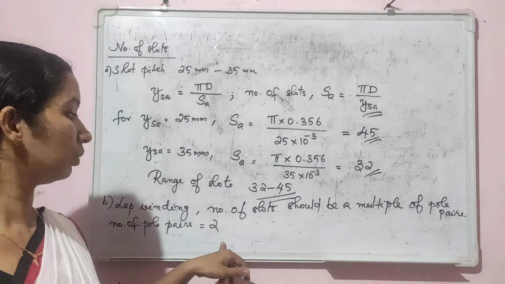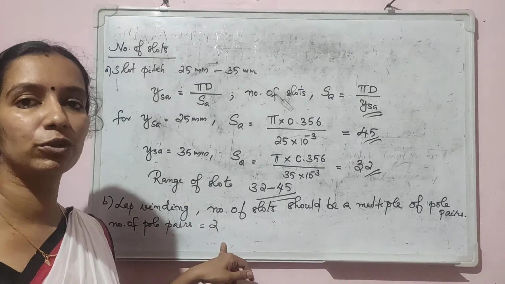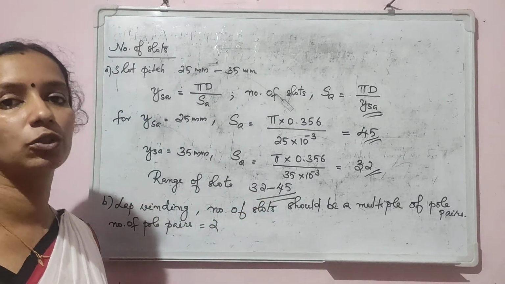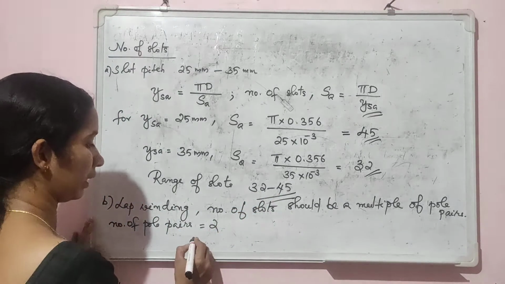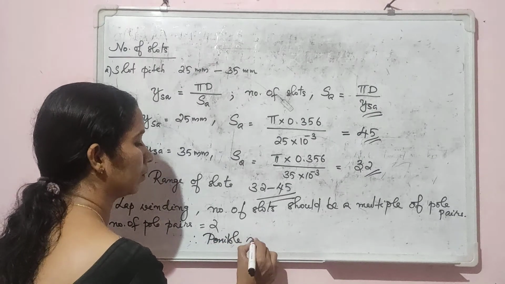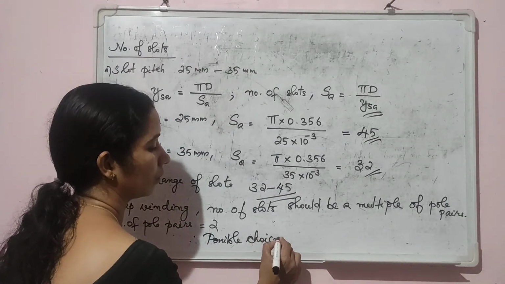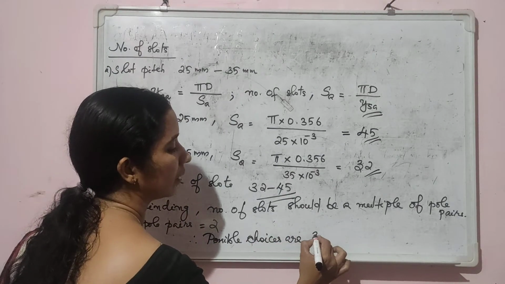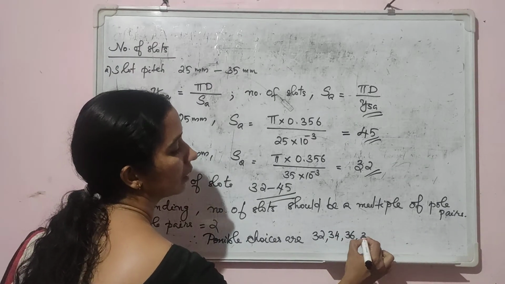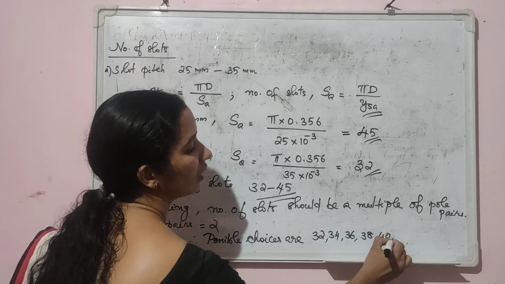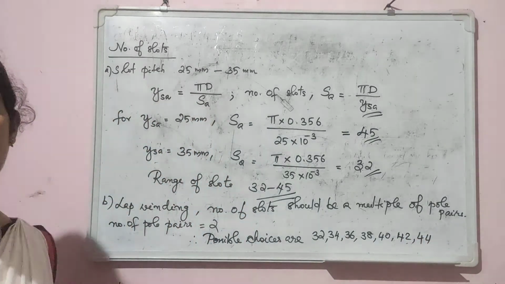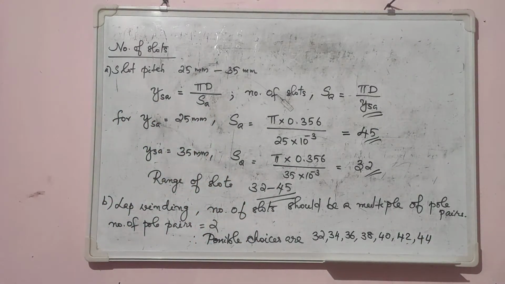So number of slots should be a multiple of 2. That means we have to consider all the even numbers between 32 and 45. So therefore possible choices are 32, 34, 36, 38, 40, 42 and 44. Okay. So these are the possible choices.